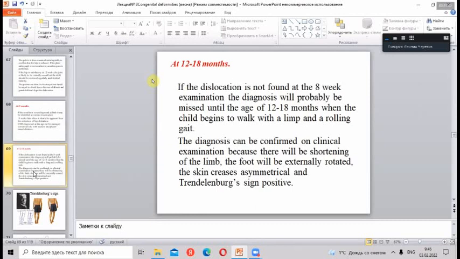The diagnosis can be confirmed on clinical examination because there will be shortening of the limb, the foot will be externally rotated, the skin creases asymmetrical, and Trendelenburg sign positive.